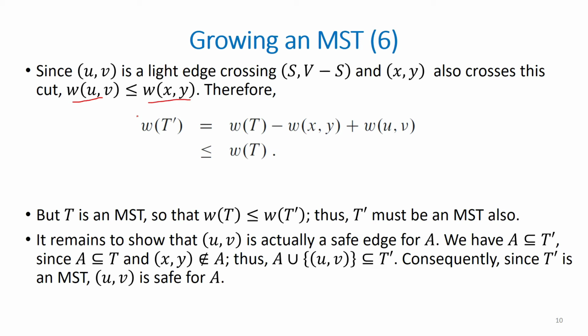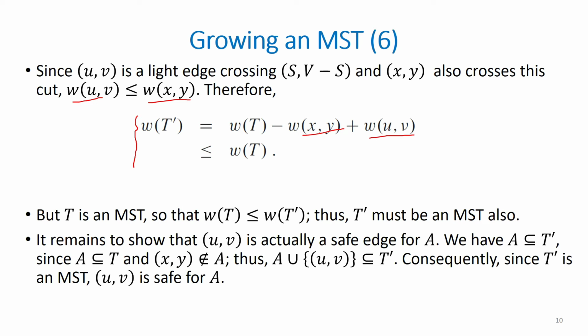When put in the weight equation seen earlier, we would get this. Therefore, the total weight of the spanning tree T prime would be equal to the total weight of the spanning tree T minus the weight of XY and adding the weight of edge UV. So this would be less than or equal to the weight of the spanning tree T.